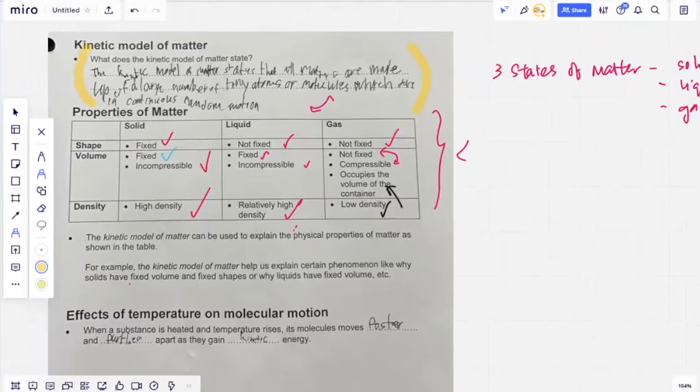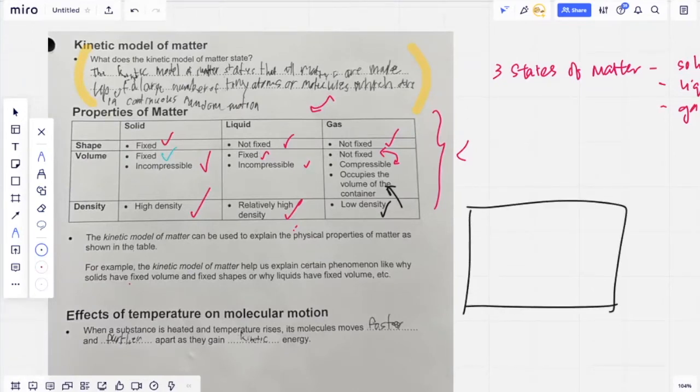So you have this thing called the kinetic model of matter. What it says is that all matter is made up of tiny atoms, tiny molecules or particles. So they say anything is made up of round things like atoms and molecules.